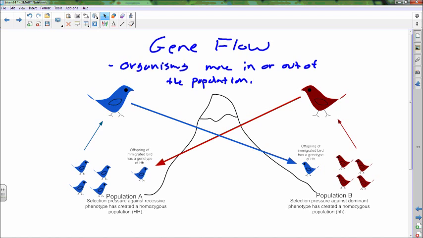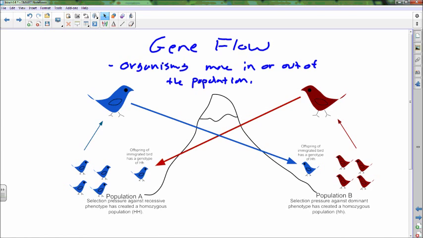They've all got a dominant genotype, so they're all big H, big H. On the other side of the mountain are birds that are red. They all have the homozygous recessive phenotype. They live independently of each other. In a freak occurrence, two birds from each population meet up, and they are able to have some offspring, I guess, in each population. That's going to change the gene frequencies because we have this gene flow from one population to another.